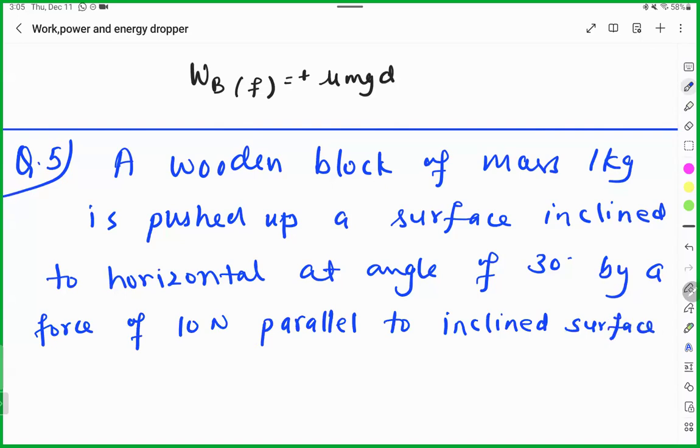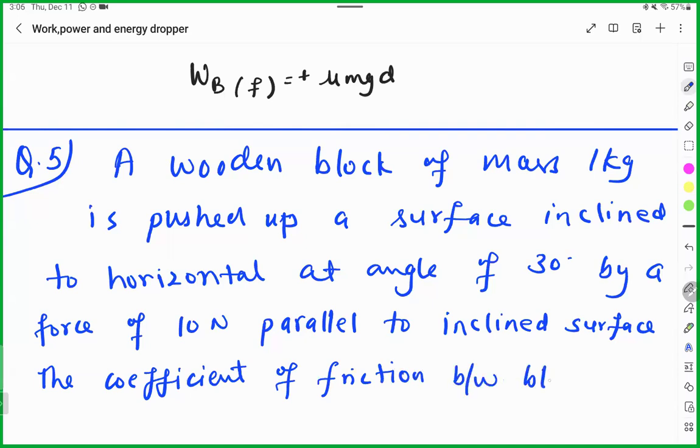The coefficient of friction between block and incline is 0.1. I will not give a diagram. Remember, you have to draw the diagram first.